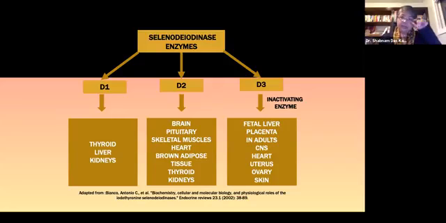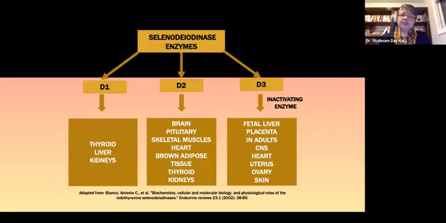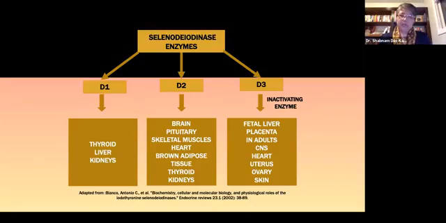One of the things that happens is a few studies have found that if people have a genetic variation in the D2 deiodinase enzyme, then just giving them T4 only may not always help, because it is possible that the conversion of T4 to T3 in the brain is not happening as well.